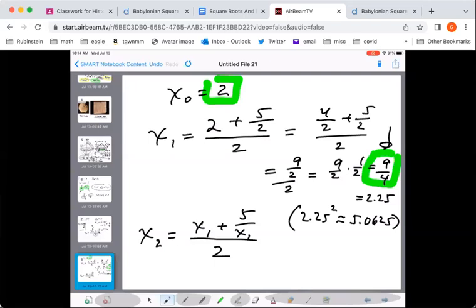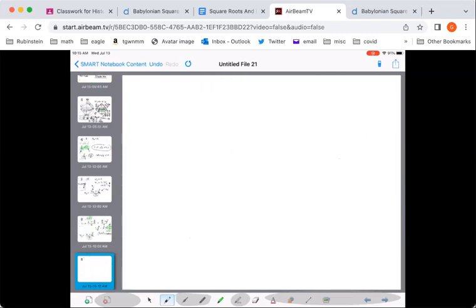Either way, I take the average of those two. So I'm going to write it like this. X2 is equal to 9/4 plus 5 (if I was taking the square root of something different, that 5 would be something different) times 4 over 9.